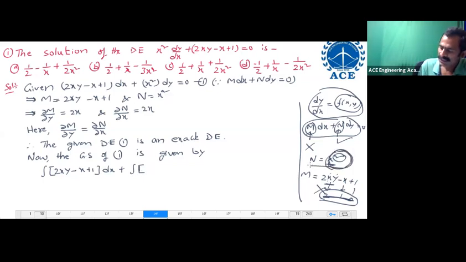N contains only a single term, that too with the variable x, so ignore this. That is 0. dy equal to c, which implies 2x square by 2 y minus x square by 2 plus x equal to c. It is the general solution.